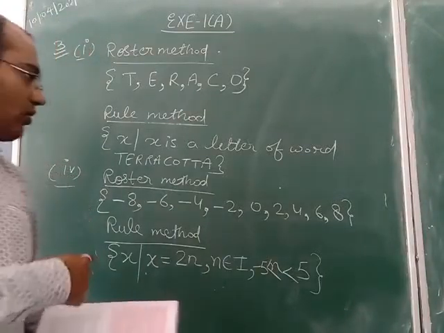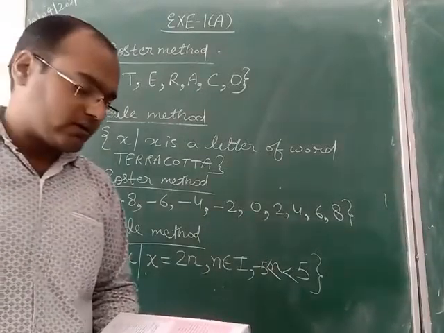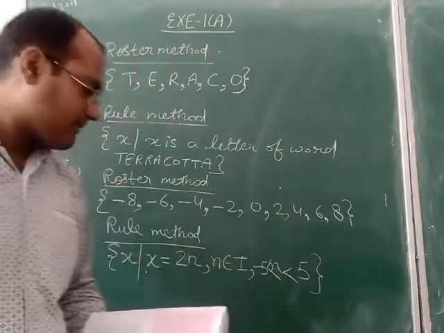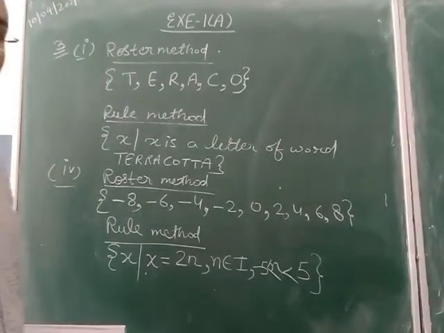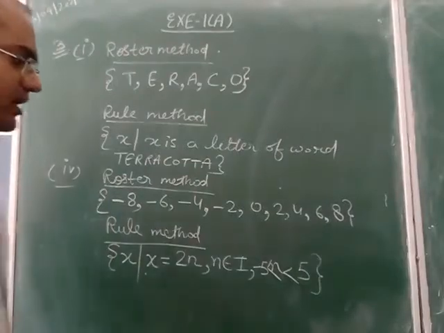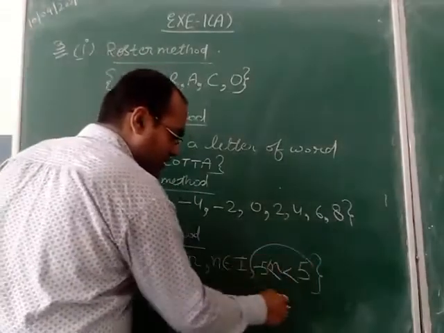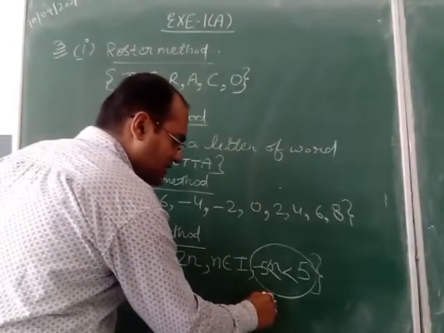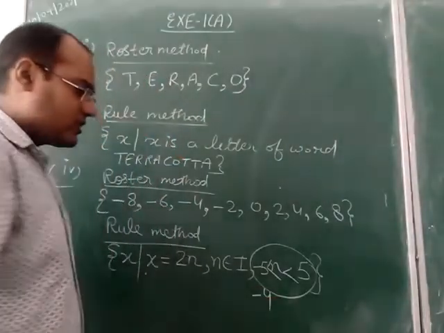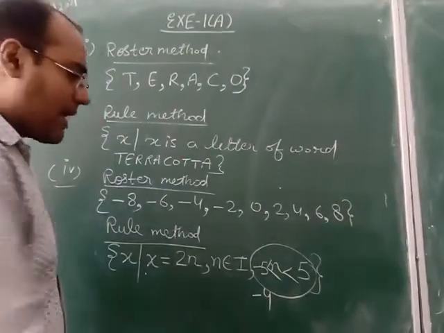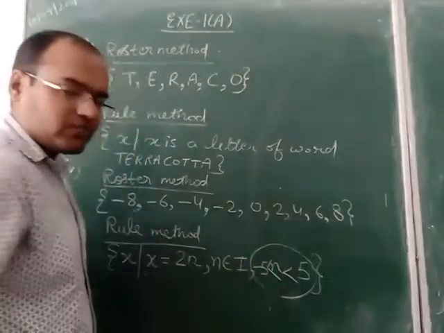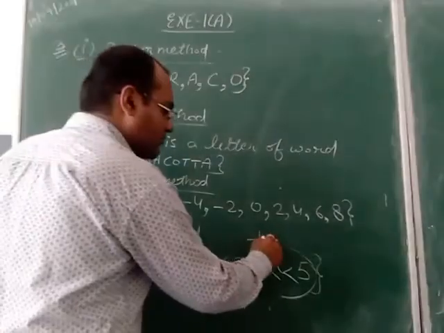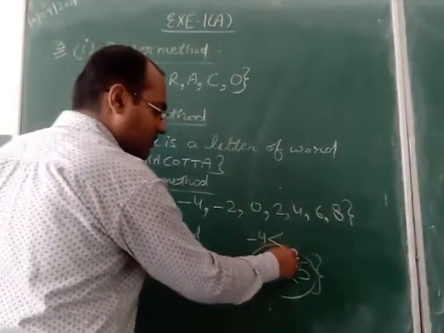So like this you have to do all the remaining parts of question number 3. Now come to question number 4. Here you can do one more thing. If you write -4 in place of -5, then under this sign we have to put equal.